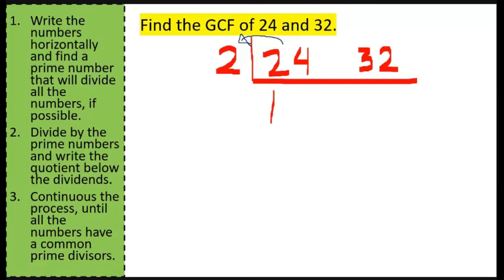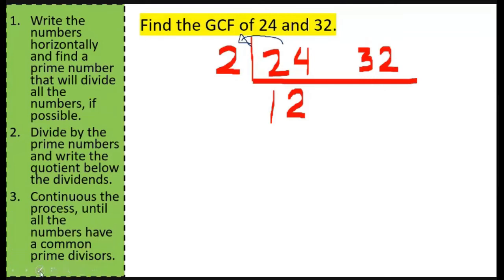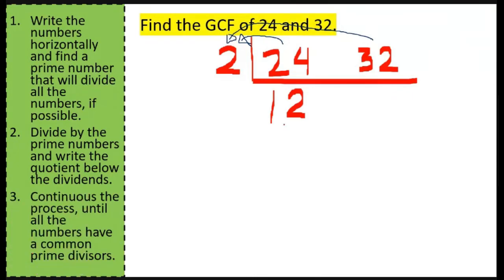So ito ay 12. How about 32 and 2? Yan, you're going to divide now here. So the answer is 16.